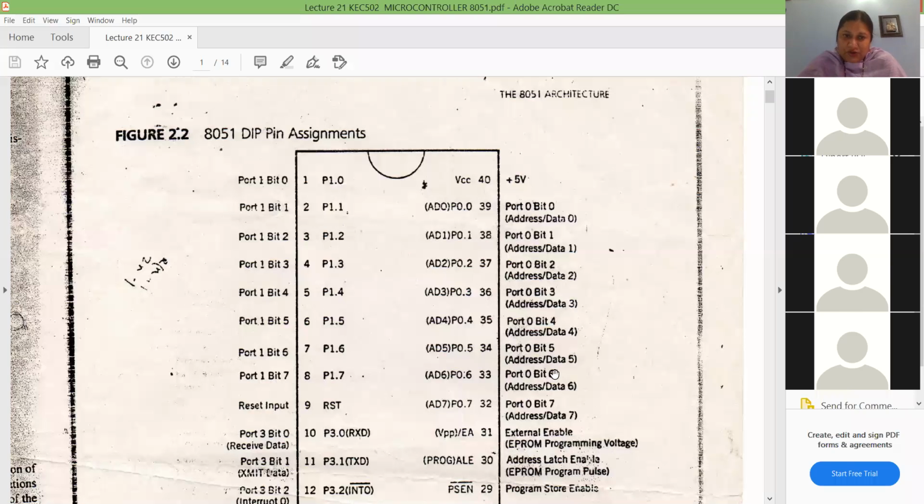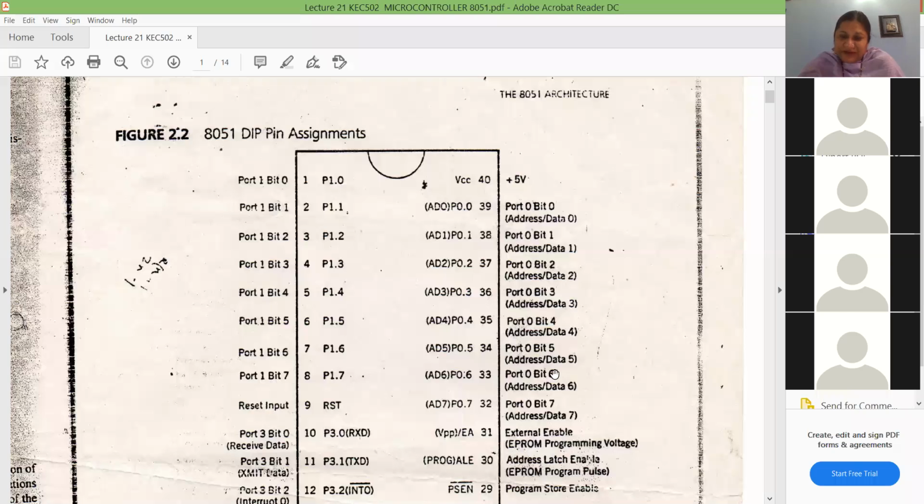As I told you in the first class also, microcontrollers started with 8048. Then after 8048 there was 8049, which was just a replication of 8048, only some memory capacity was enhanced. Then later on we have the 8051 microcontroller.